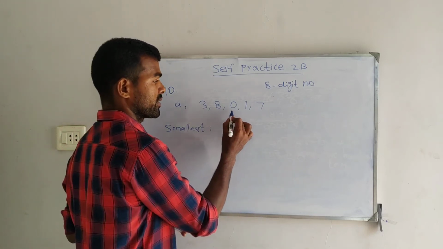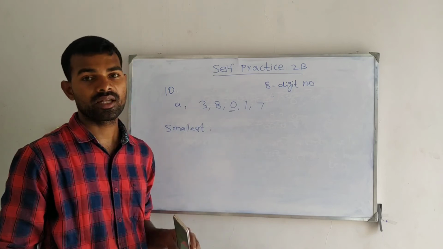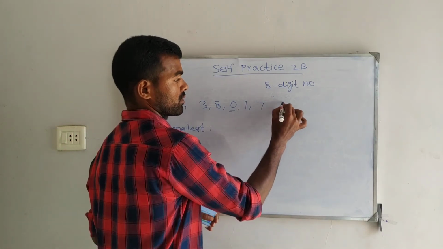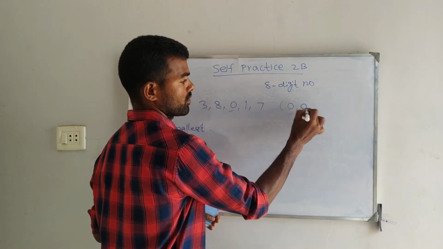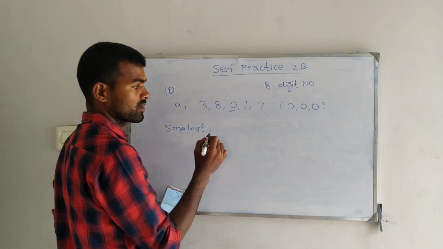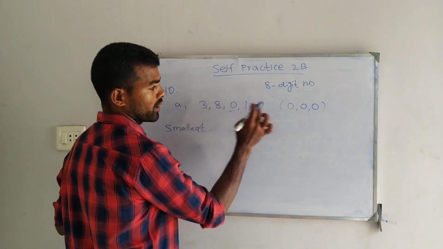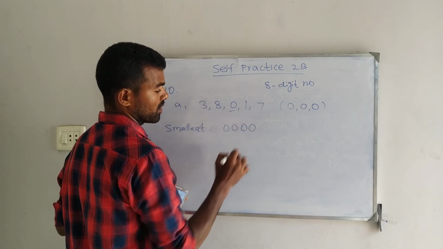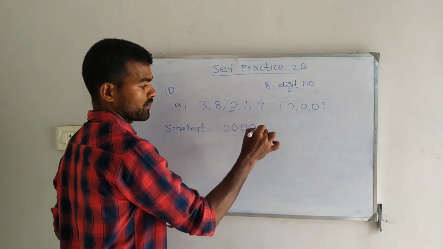What is the smallest digit here? 0 is the smallest, so make 3 more 0s. Now form the smallest number: 4 times 0, after 0 next number 1.